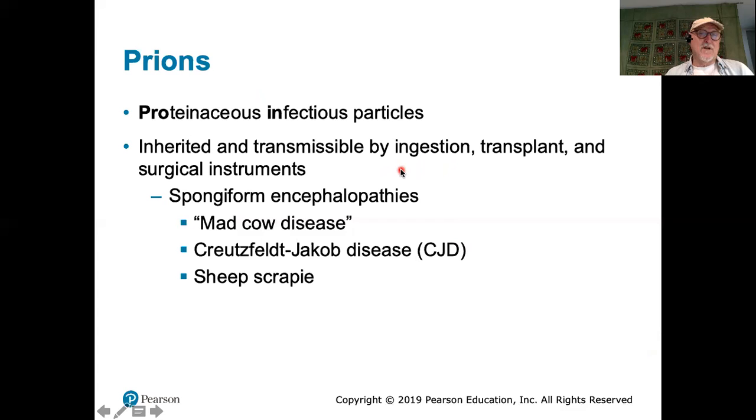They have been in transplants, and people have acquired them from transplants. It's very difficult to get rid of them by sterilization or even autoclaving, so they can be transmitted by surgical instruments, for example. And they result in massive neurological damage. Now, this is not common. Don't panic. There have been outbreaks of Creutzfeldt-Jakob disease, mainly associated with people eating meat from infected cows.